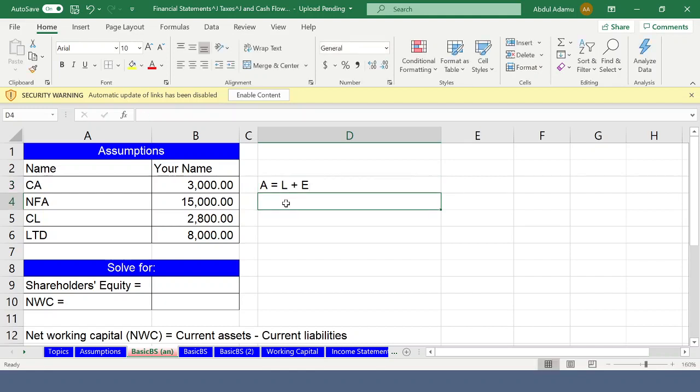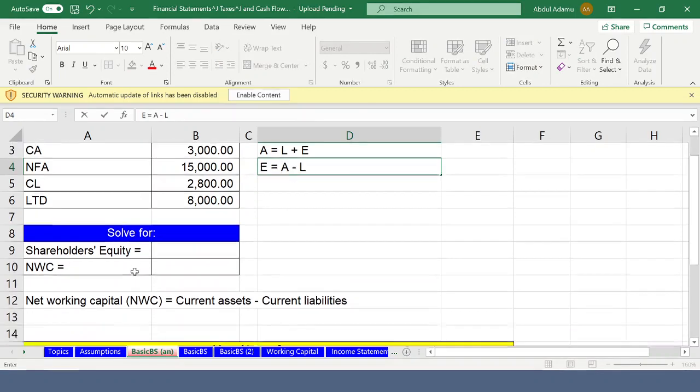So therefore equity will be equal to asset minus liability. That is our normal accounting equation. So we can use that to find our shareholders equity.